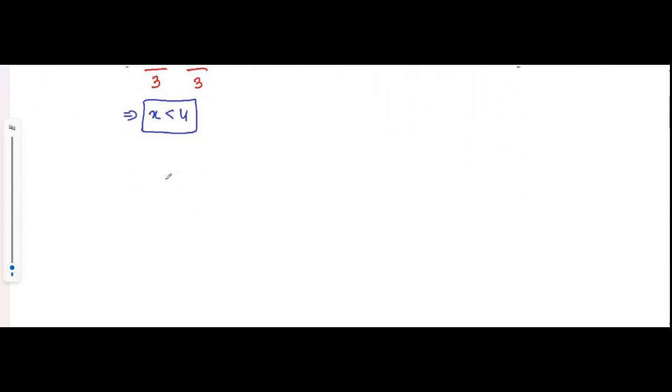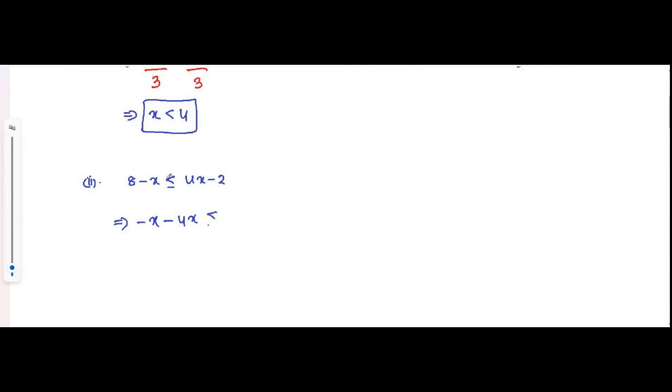Now the second inequation, 8 minus x is lesser than or equal to 4x minus 2. Again, if we take a positive term from one side to the other, the sign of inequality stays the same and the plus becomes minus. Here we'll bring this plus 4x to the LHS and this plus 8 to the RHS.